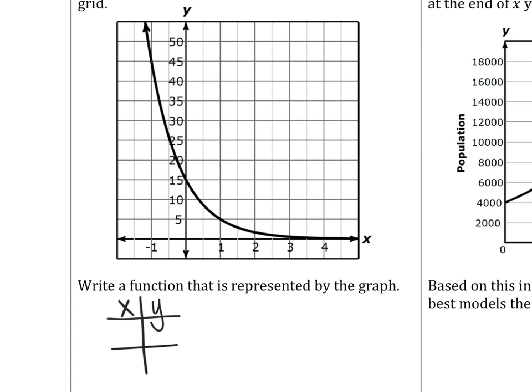So I'm going to put a dot right there, and I'm going to put that into my table, -1 and 45. And then I'm going to go to 0 and 15. That is going to be my y-intercept, 0 and 15.